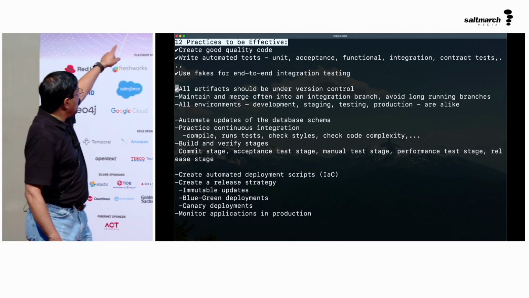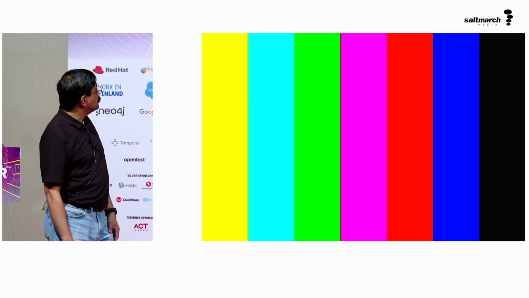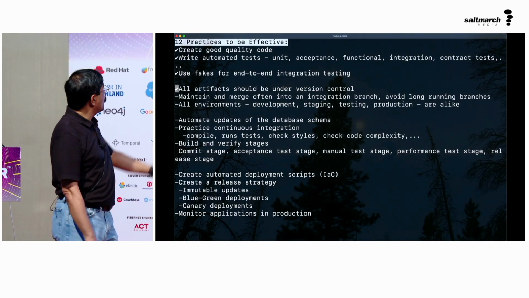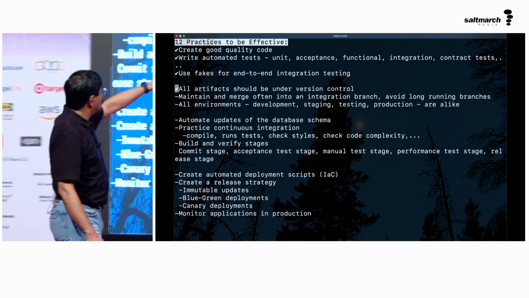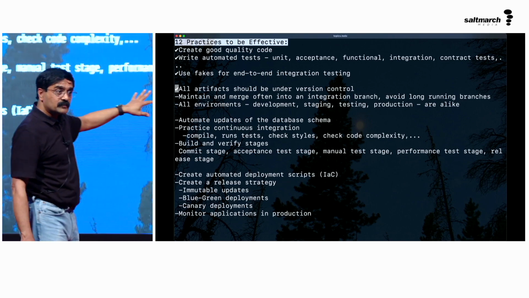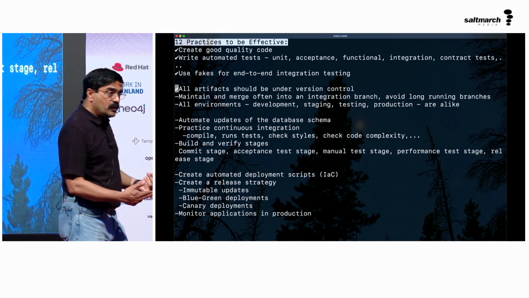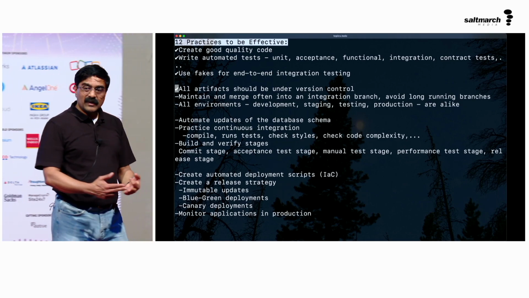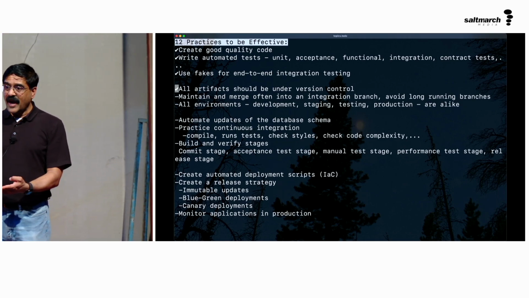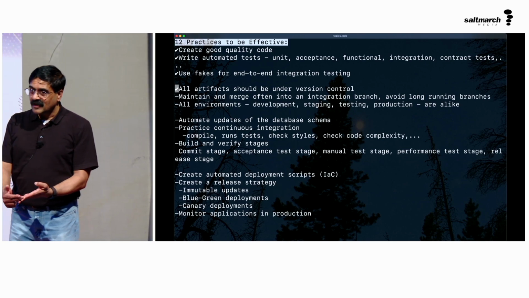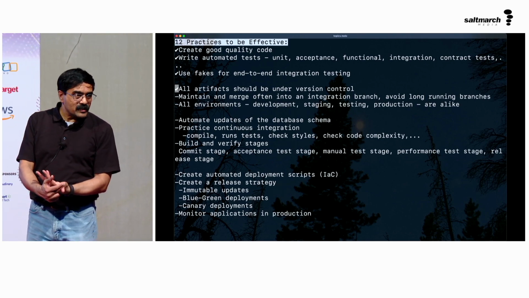But all artifacts, if you don't like the talk, you can just tell me. Okay. All artifacts should be under version control, right? That includes code, test scripts, design documents, requirements documents.